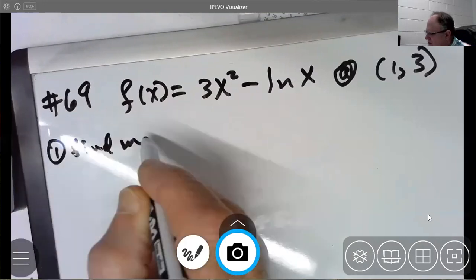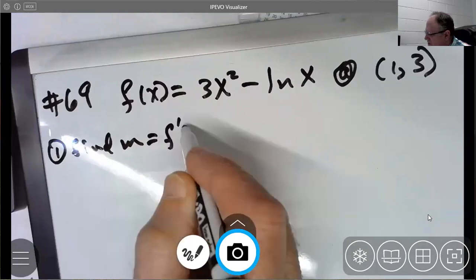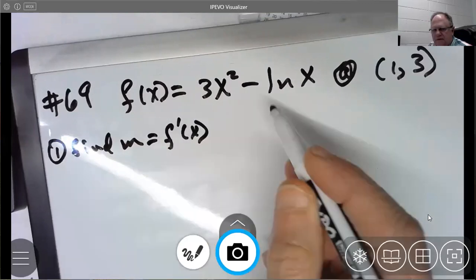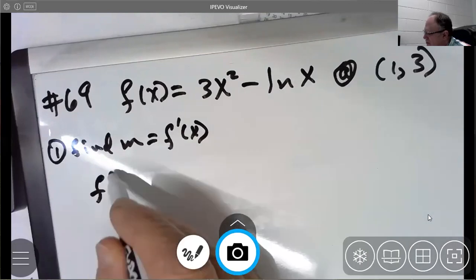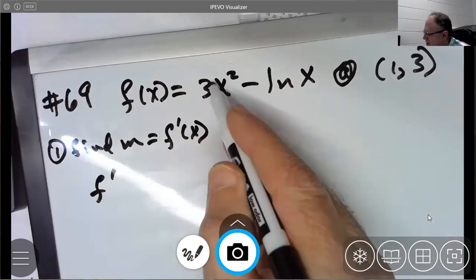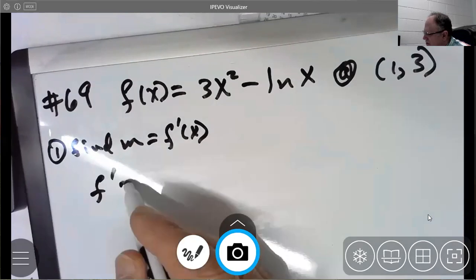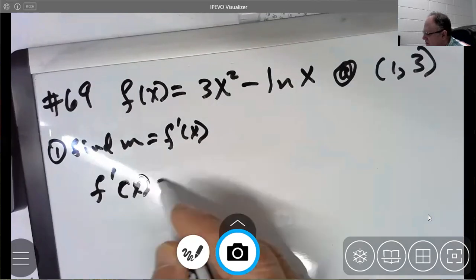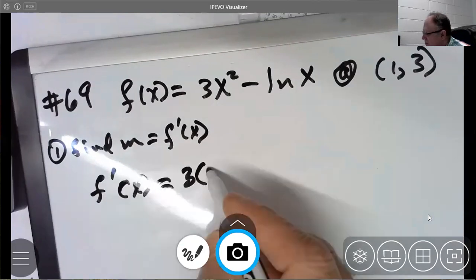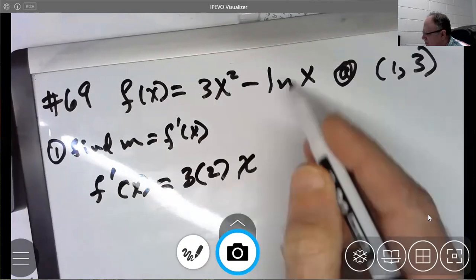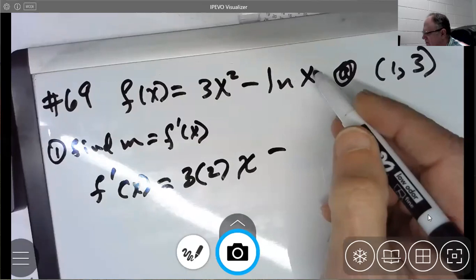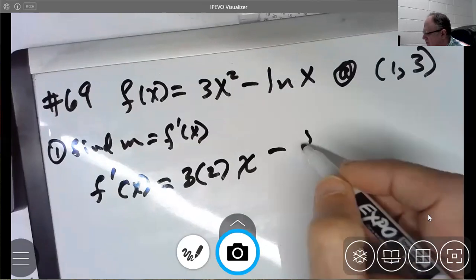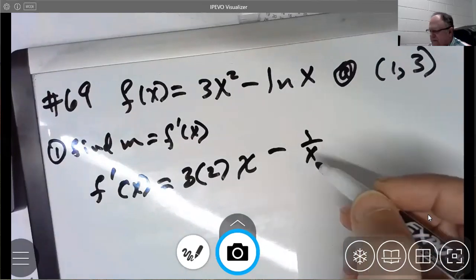We do that by finding the derivative of our function. So this will bring the 2 down, subtract 1. So this will be 3 times 2x to the first, minus the natural log, the derivative of natural log x is 1 over x.